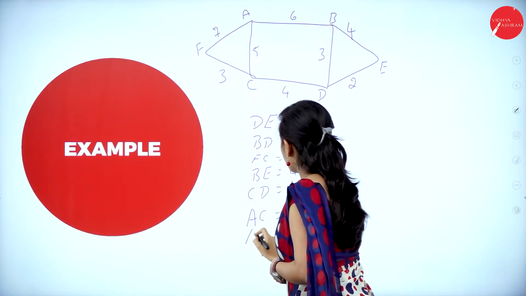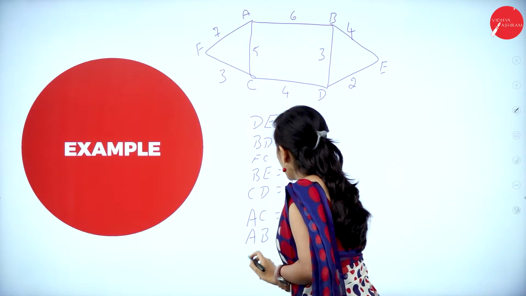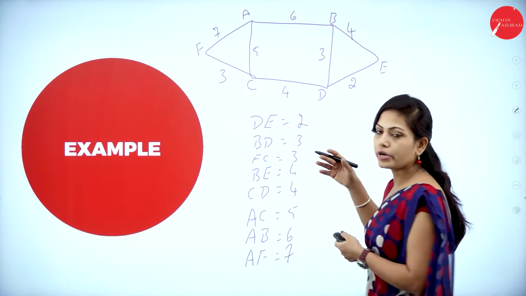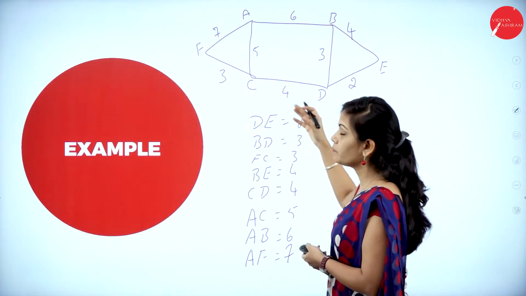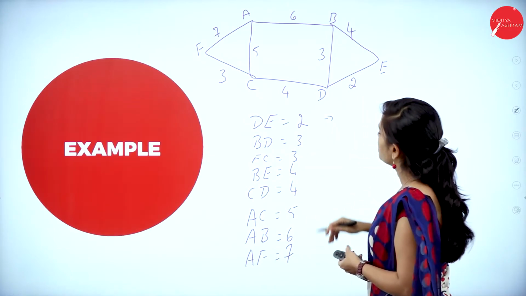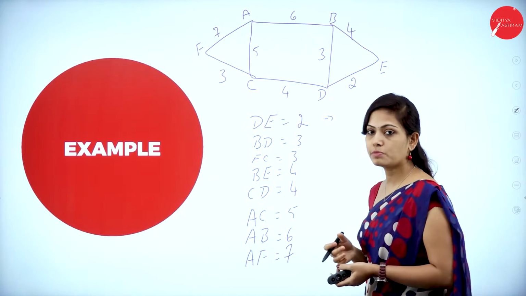Next is AB, AB equals 6, and AF equals 7. So I have listed the edge weights according to their weights. Now by using these least edges, we can draw a minimum spanning tree.